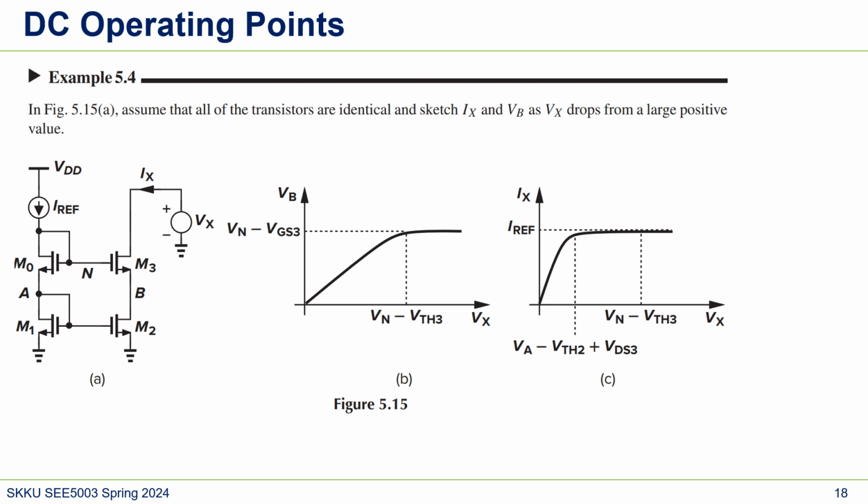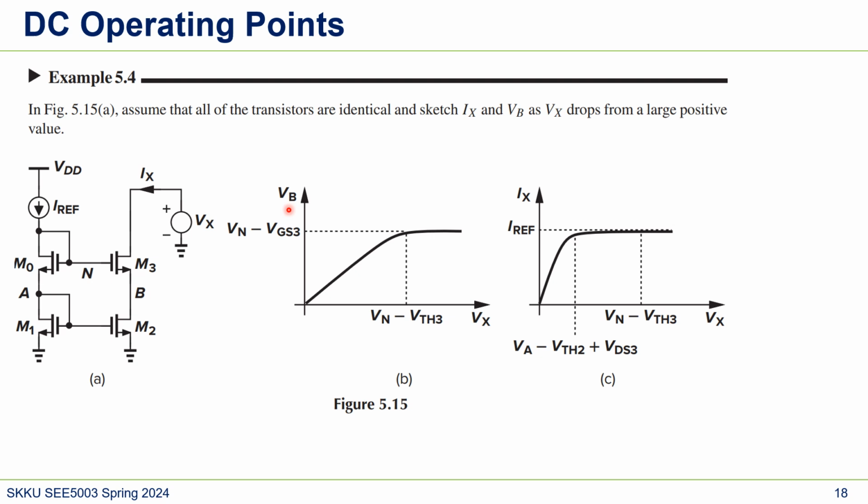Before moving on to the next current mirror circuit, let's look at the DC operating points further for this cascode current mirror circuit. What we're going to do is sweep the voltage here and then see how the operation region of M2 and M3 change. This example is from Razavi, and I would say it's kind of confusing.